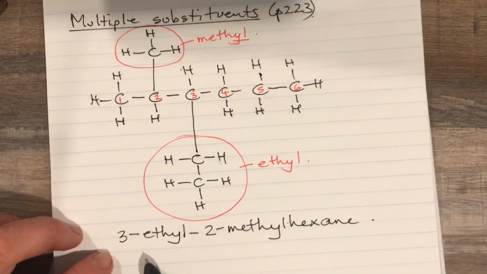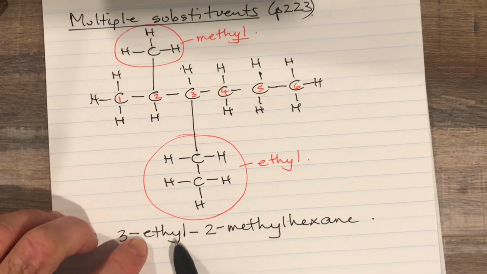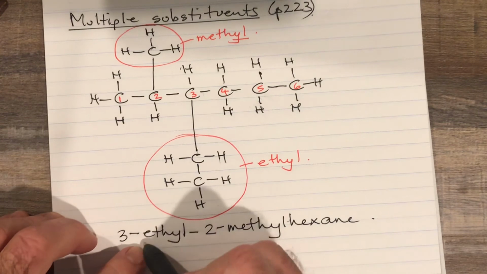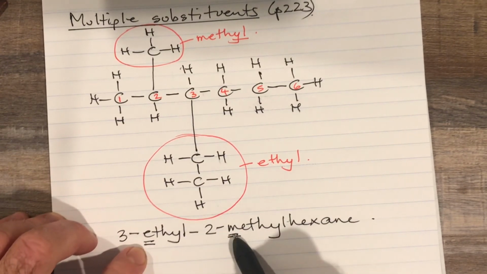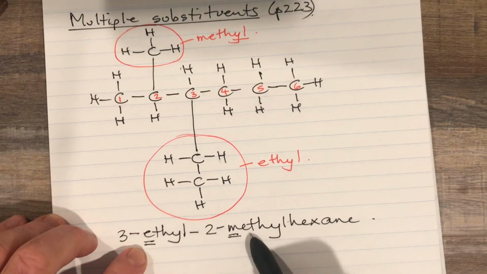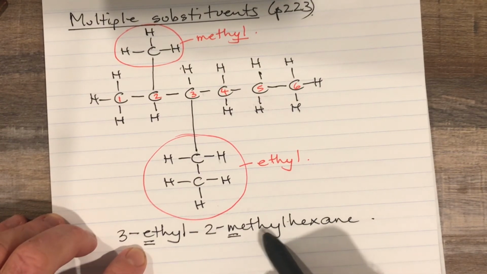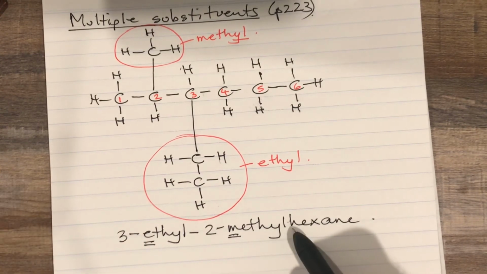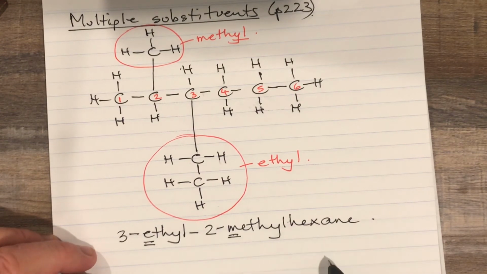Now, why did I choose to place the ethyl group before the methyl group? Well, it's all to do with alphabetization. E comes before M, so the ethyl comes before the methyl. There's no space, no hyphen, no comma between the word methyl and the parent chain hexane. That's what it is. 3-ethyl, 2-methyl hexane.